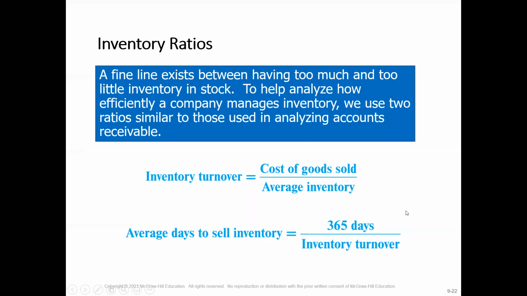Average inventory would be two figures from the balance sheet taken as an average. We're picking items off of our financial statements and using those in this analysis. And then the inventory turnover ratio is used in determining the average days to sell inventory.